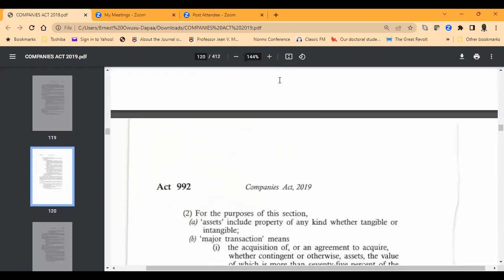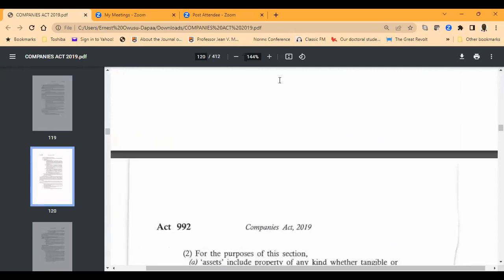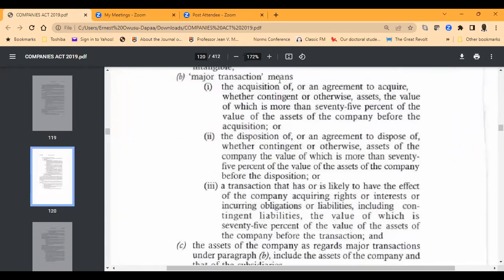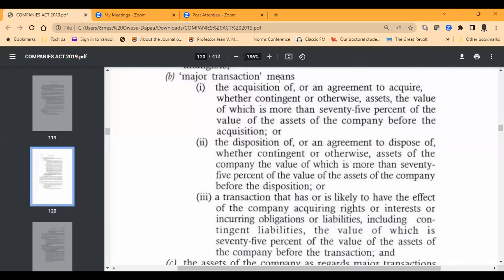So if you look at section 145, subsection 2B, it defines major transaction in these terms, as we can see on the screen. And I quote, major transaction means (i) the acquisition of, or an agreement to acquire, whether contingent or otherwise, assets, the value of which is more than 75% of the value of the assets of the company before the acquisition.